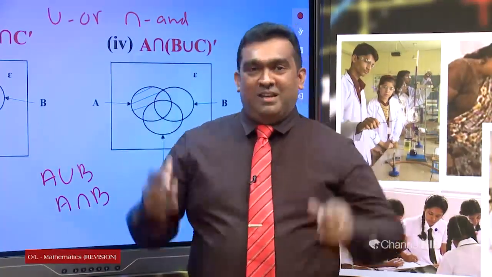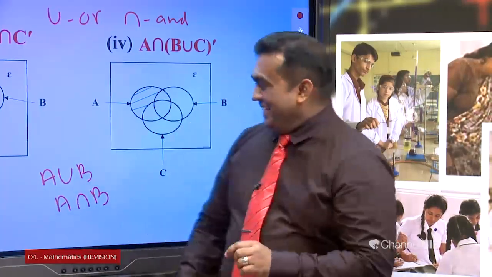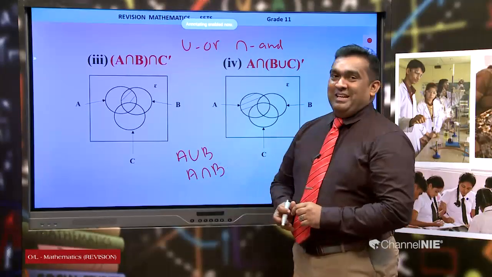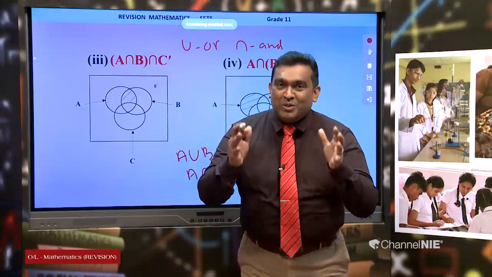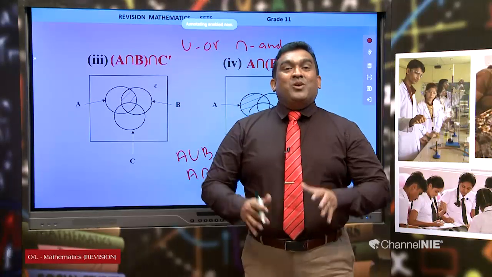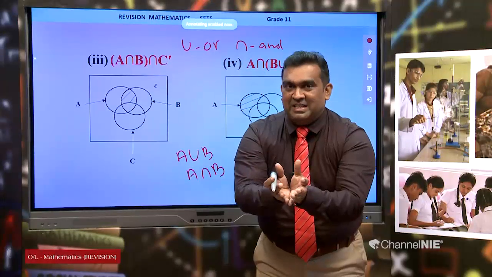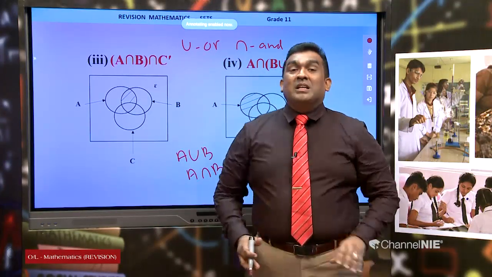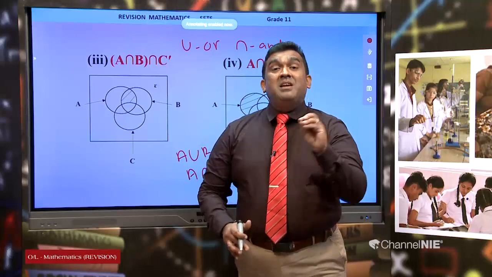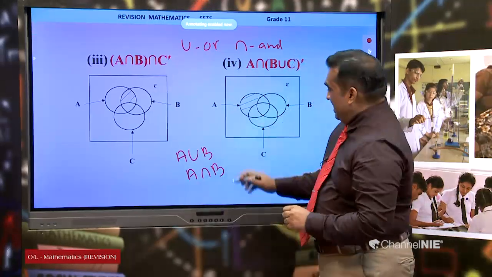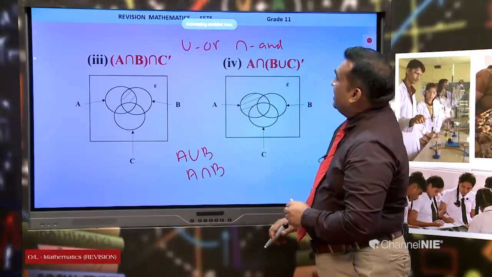A intersection B means you consider elements of A, then elements of B, then select the common elements. That is the elements of A and B.